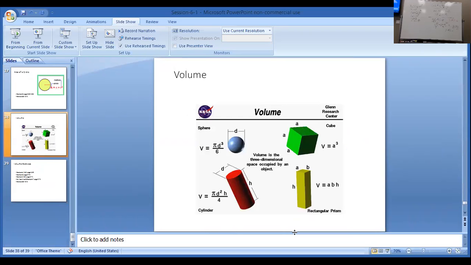It's pi times the diameter to the power of 2, divided by 4. Here d is the diameter, pi is the number pi, and h is the length, or the height, of the cylinder. So pi times d squared times h divided by 4 gives you the volume of a cylinder. Okay? I was hoping to make it simpler.